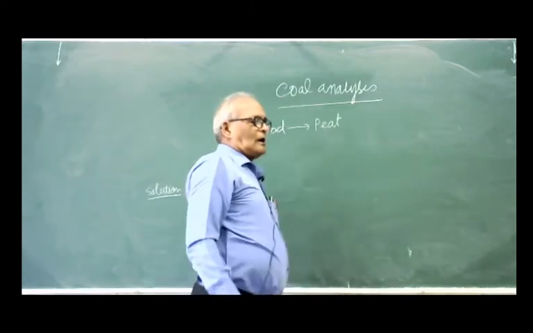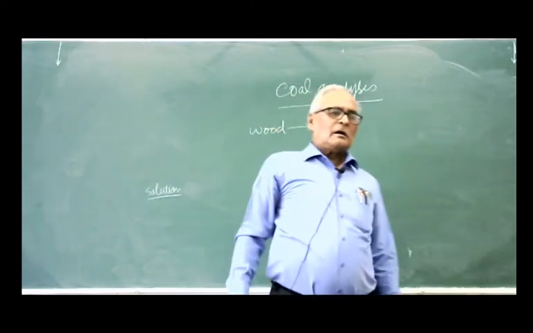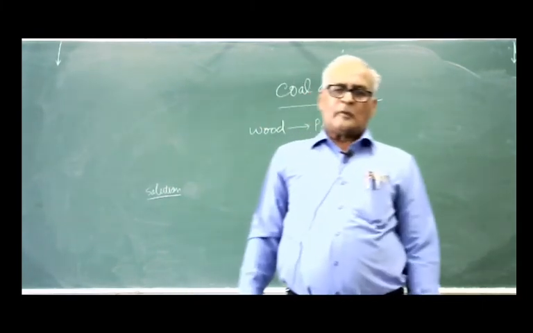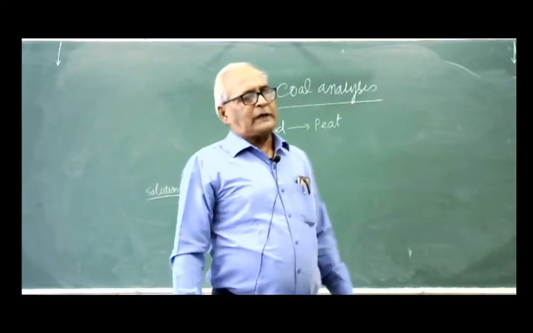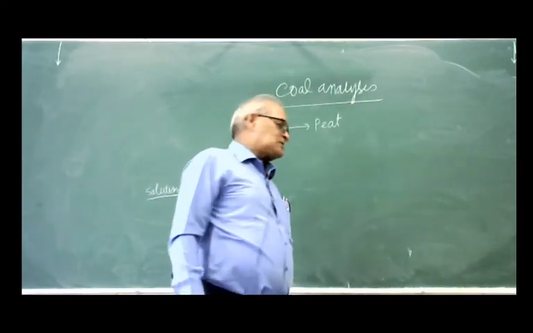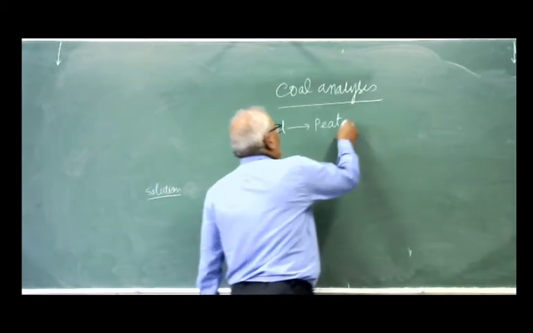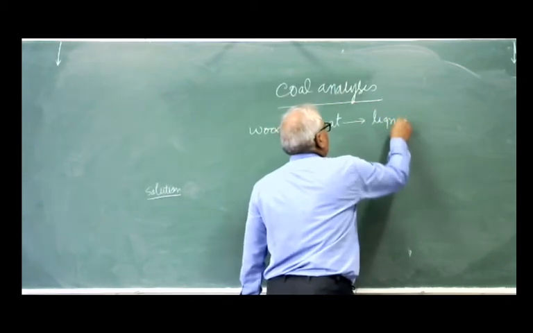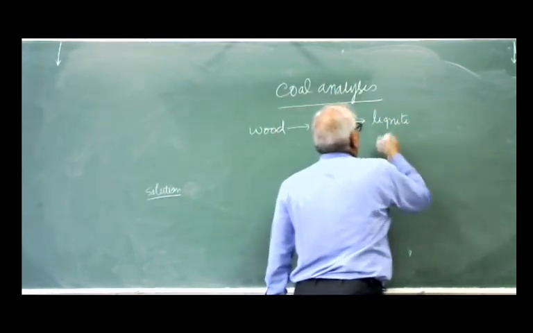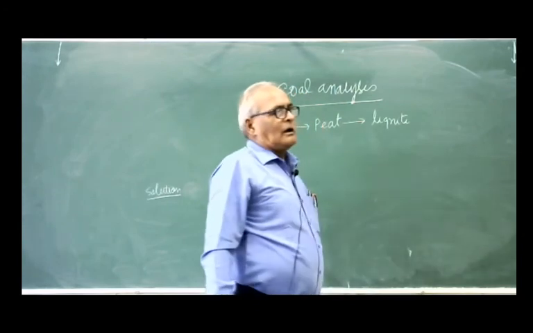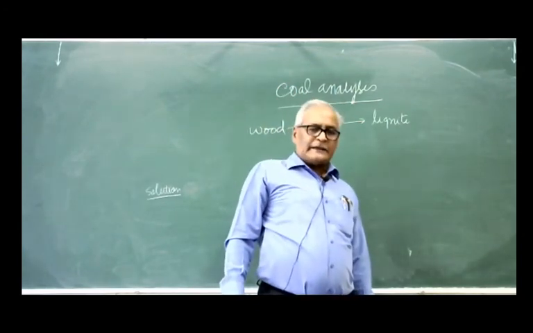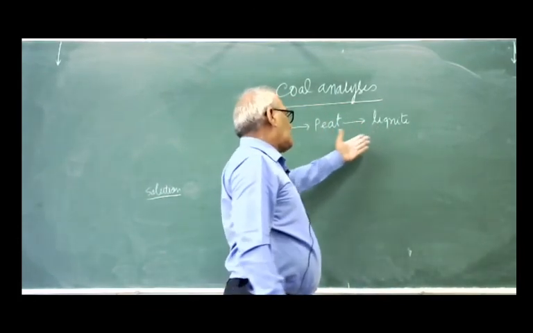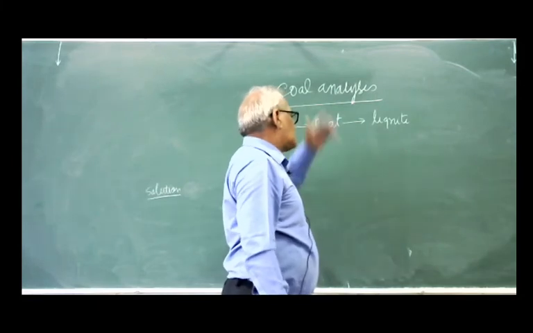It is the lowest quality of the coal because it also contains less carbon percentage. Lignite is another quality of the coal, in which carbon percentage is higher than the peat.